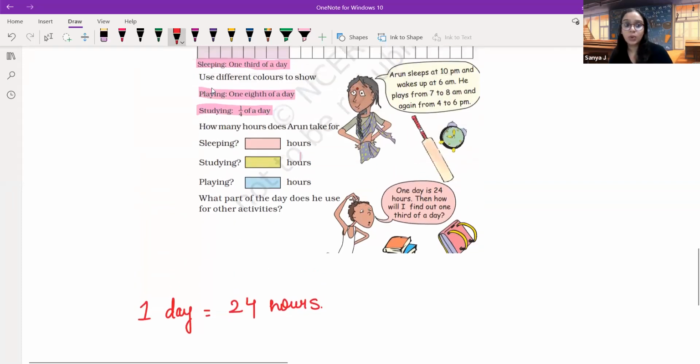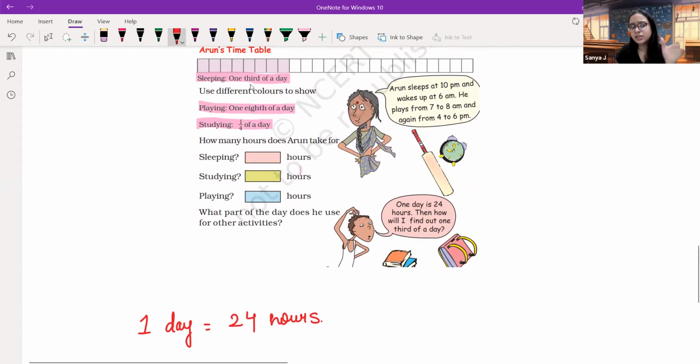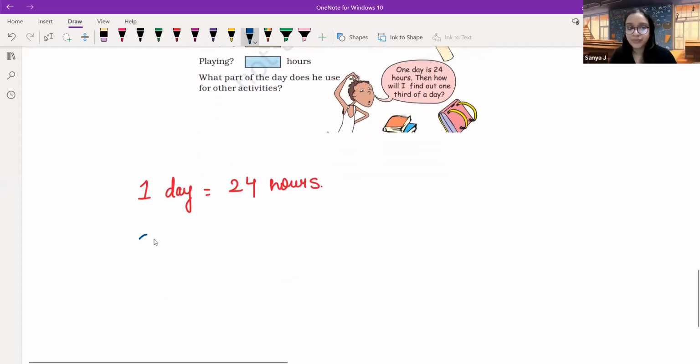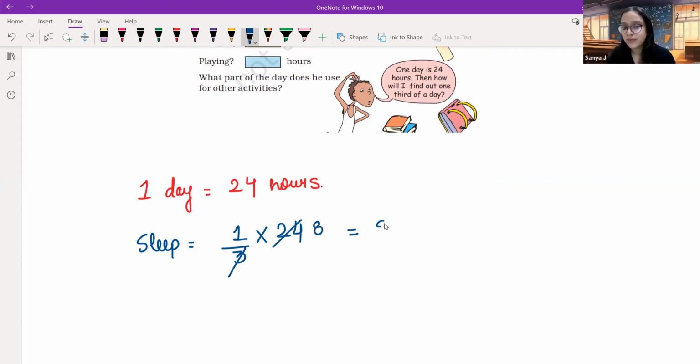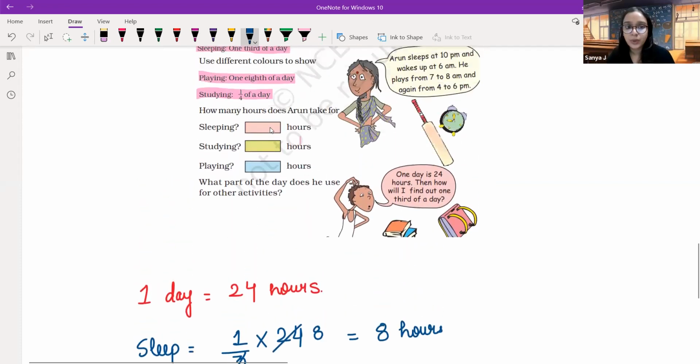Okay. Now, he sleeps 1/3 of a day. Let's find for sleeping. In one day, we have 24 hours. Let's simplify it. We know that 3 times 8 is 24. So, he sleeps for 8 hours. And that's the answer.